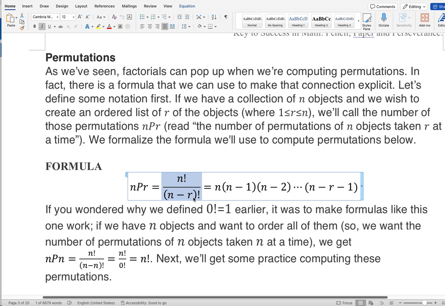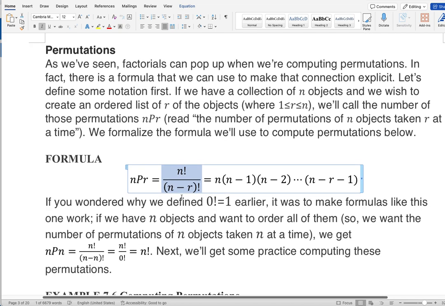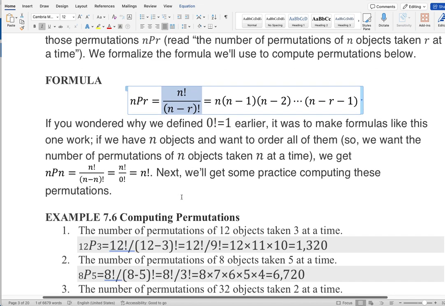This quotient formula may be helpful because our next topic is combination, and when you count a combination, you do need to use a quotient like this. But anyway, for the moment, it is about permutations.